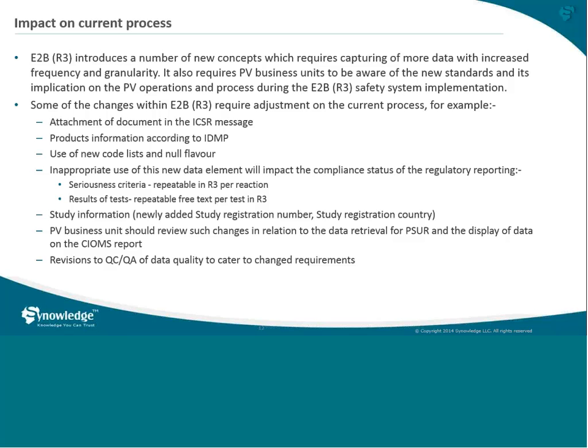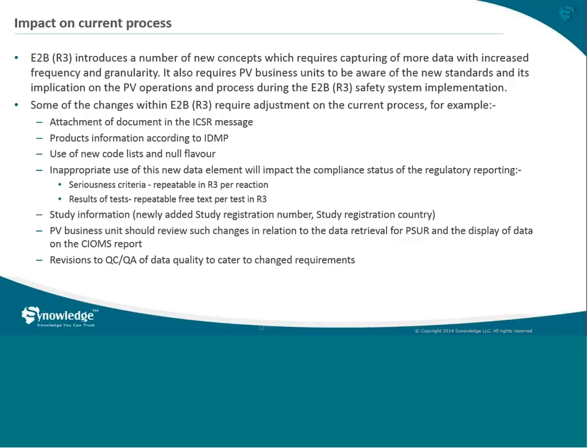For example, R3 now supports attachment of documents while reporting the E2B files. In order to use this feature, the company SOPs might have to be changed. The product information will now be coded in accordance with IDMP. Since there are new code lists and the usage of Null Flavor in R3, the data entry pattern might also have to be redefined.